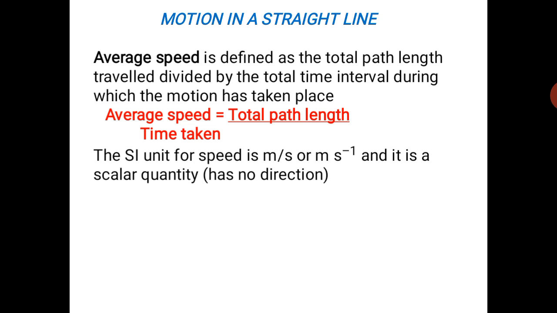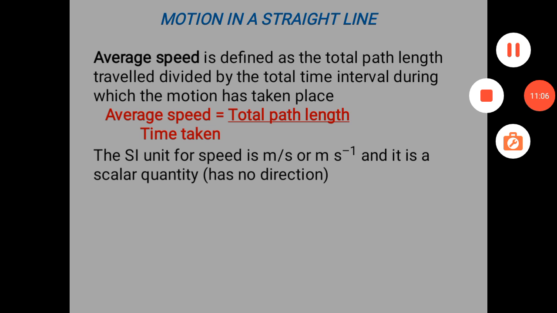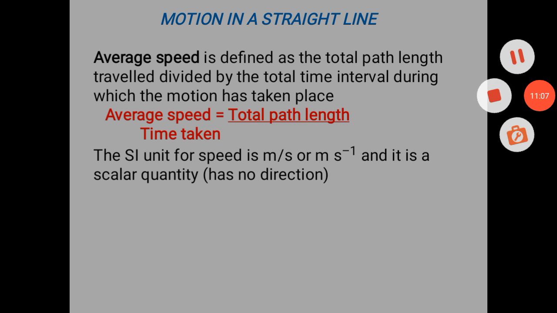The SI unit for speed is the same, meter per second, but it is a scalar quantity. It does not have any particular direction. Is it clear? Okay.